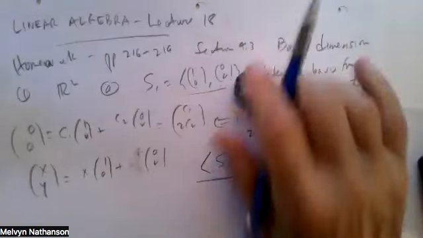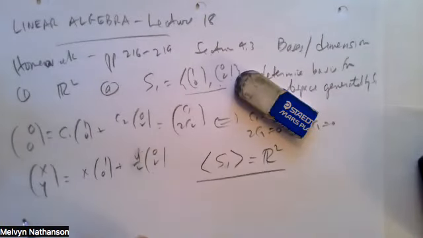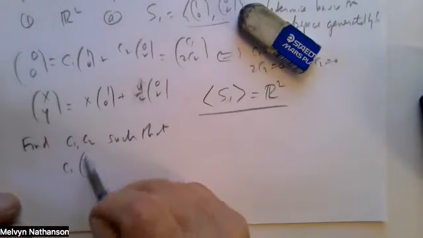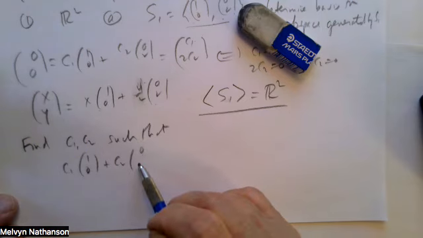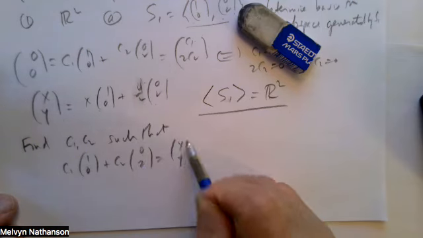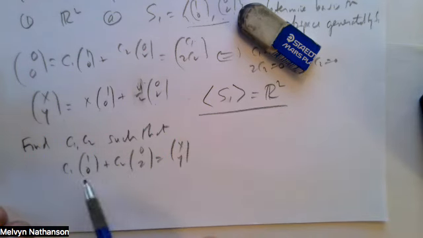Well, suppose the problem is to find scalars C1, C2 such that C1 times (1, 0) plus C2 times (0, 2) equals (x, y). We want to write (x, y) as a linear combination of these two vectors. You want to solve for C1, C2. That's what we have to do.